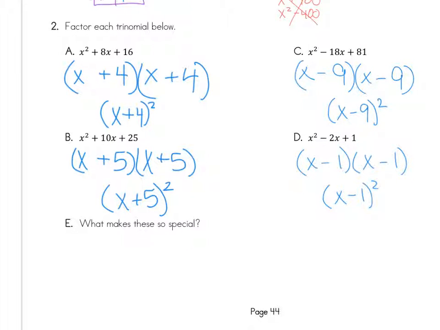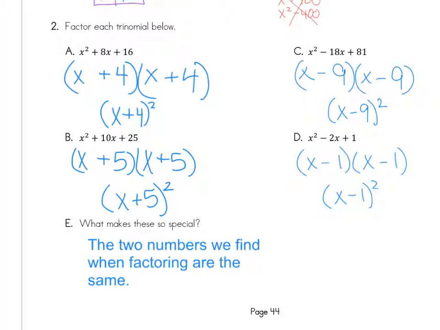And the really cool part about that being a perfect square is that this middle term is the sum of those two numbers. So when we're factoring these trinomials, the two numbers that we get, what I like to call the magic numbers, they are always the same. And because they're the same, it allows us to write each of the trinomials in a nice factored form at the end.